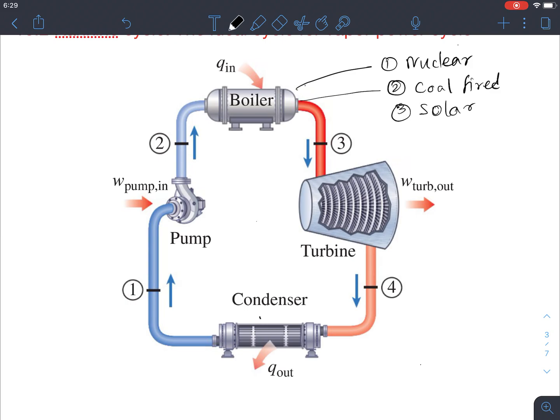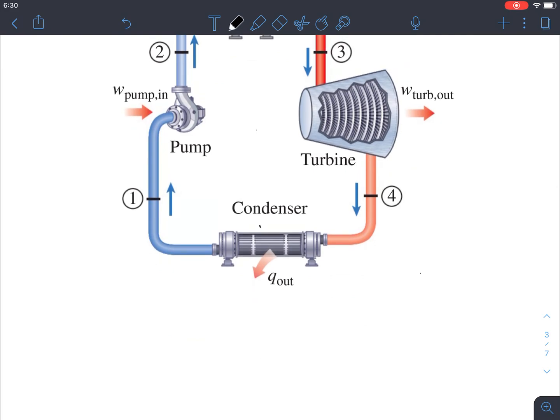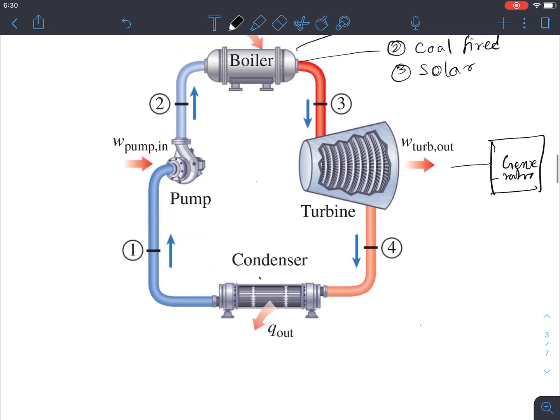And then whenever we have that high pressure and high temperature steam, it's coming to the turbine and expanding, right? So when it's coming through the turbine, the temperature is dropping, the volume is increasing, and the pressure is also dropping. So that turbine is producing the work, and we use that work to generate electricity, basically to rotate a generator shaft, and to produce electricity.